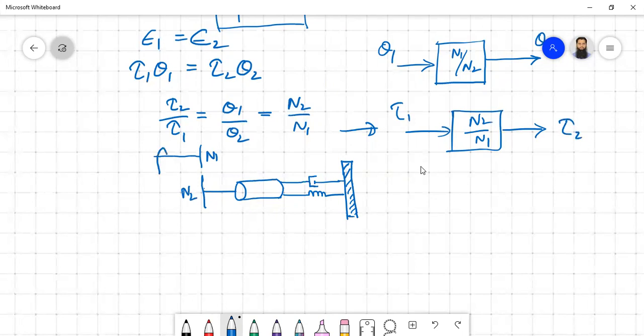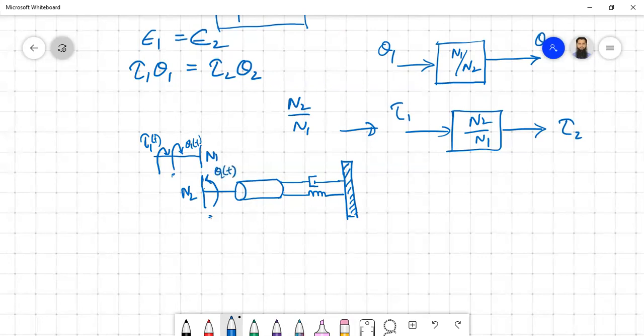Then you have torque tau 1(t) applied here, and theta 1(t). Next, there will be a reverse direction on the other side of the gear. So if this is clockwise, then the other one will be anti-clockwise. Say this is your theta 2(t).